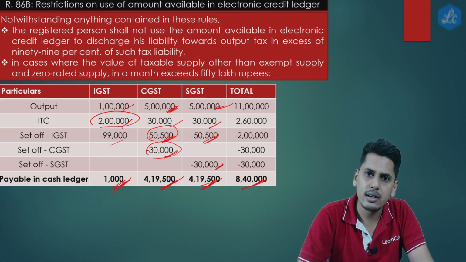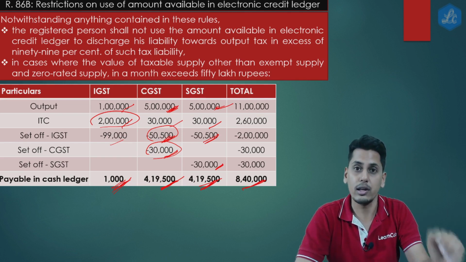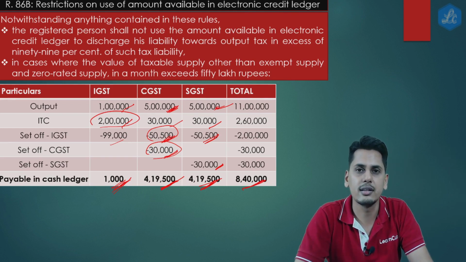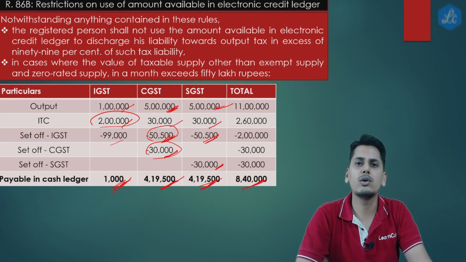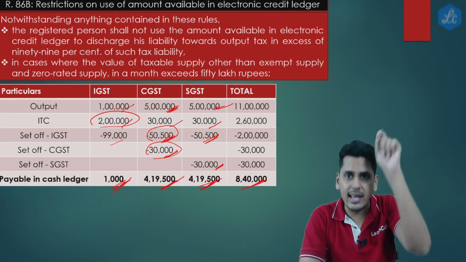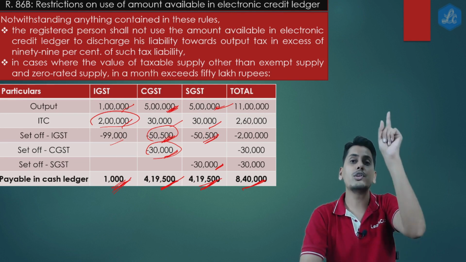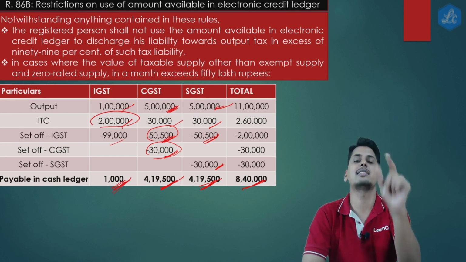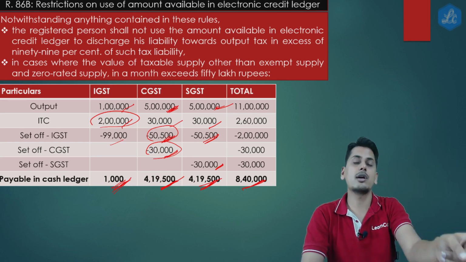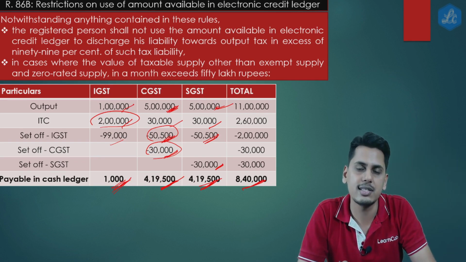He says, yes, first I have emptied my IGST bucket, only after that I have picked up my CGST credits and SGST credits. The officer says that is not the only criteria. First you have to empty the IGST bucket, and while emptying that IGST bucket, first you have to utilize it against IGST liability, and only after IGST liability is exhausted, you can utilize it against CGST and SGST liability.